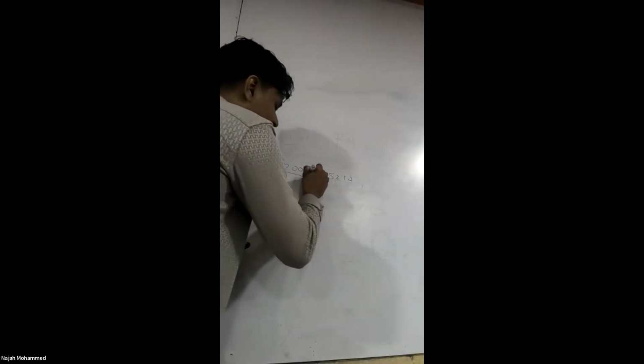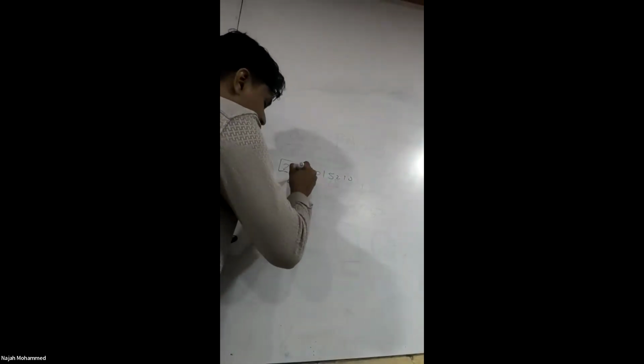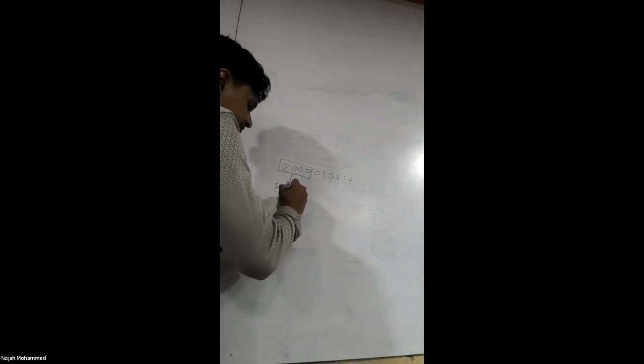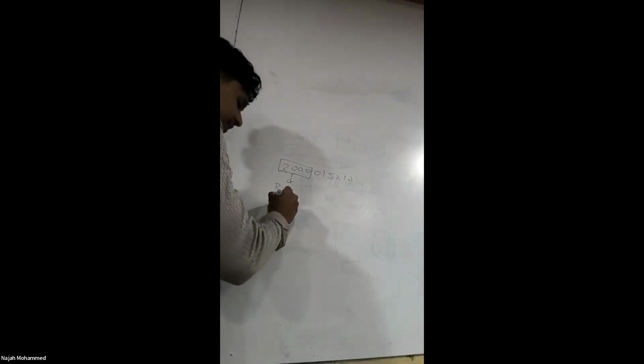When you just look at this, it looks like random numbers. But if you want to know what they actually mean, you can take the first four digits, which give you the birth year.